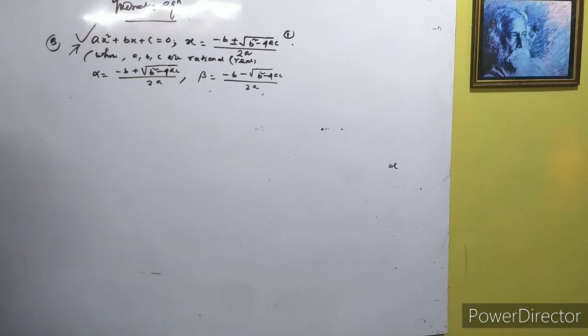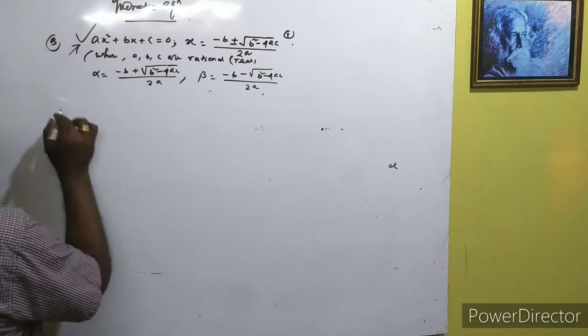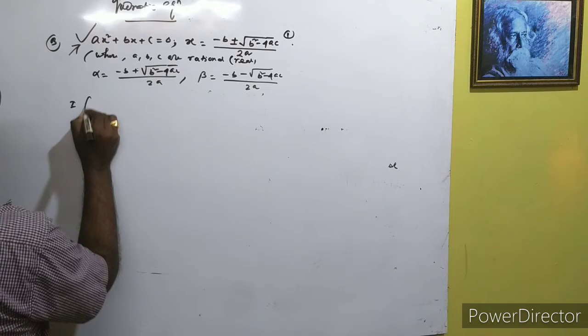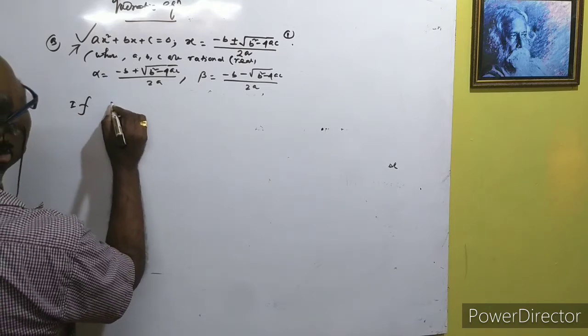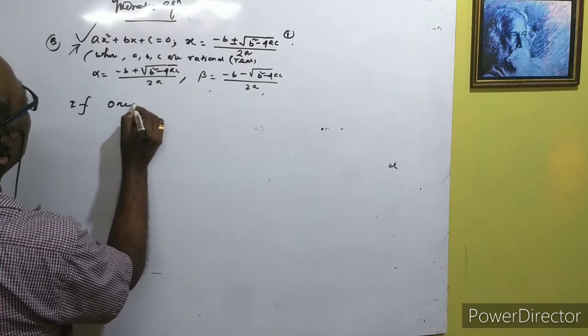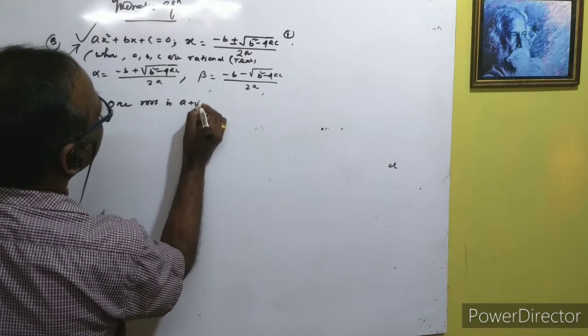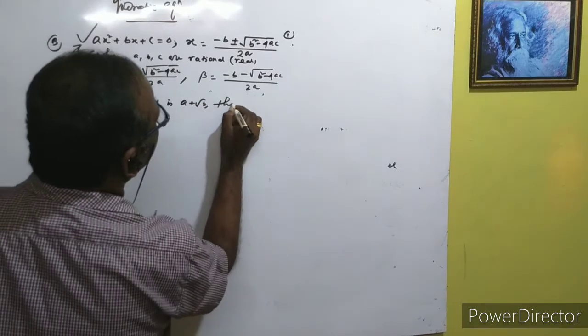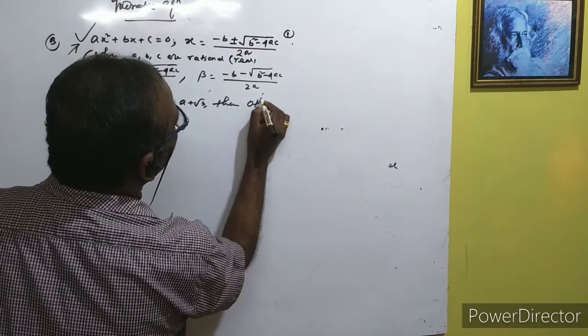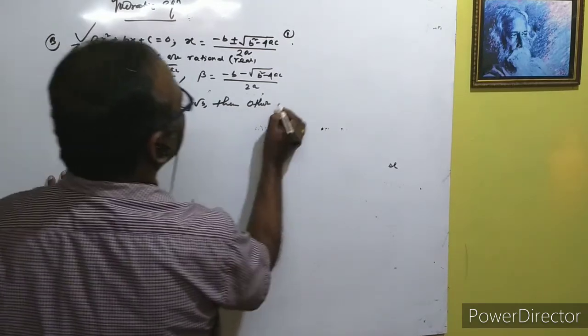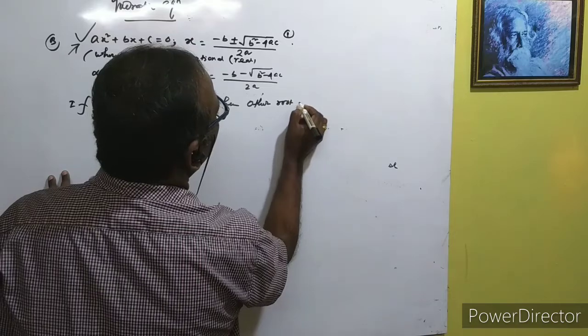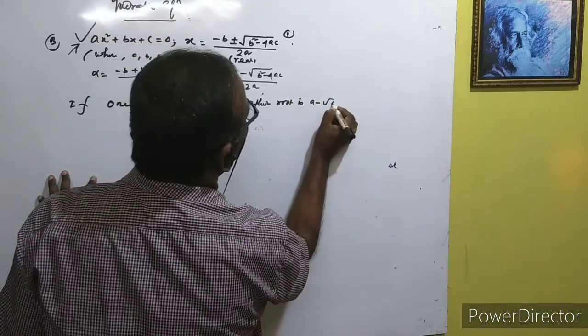We have to show the second point. Number 1: if one root is a plus root b, then the other root is a minus root b.